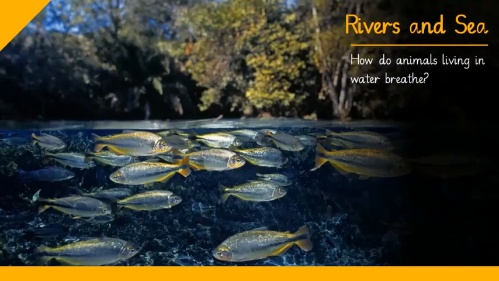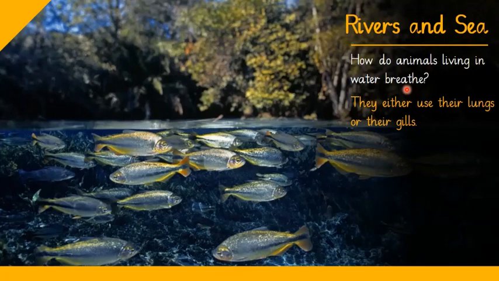Rivers and sea is also a habitat where many animals and plants live. But the question is, how do those animals breathe? Animals living in water can breathe using their lungs or their gills.